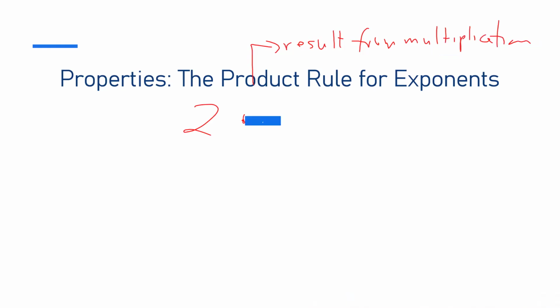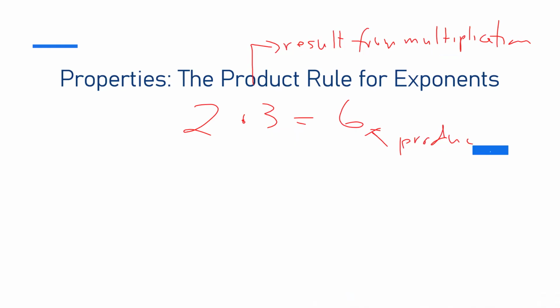Now, the word product in mathematics means that we are looking at a result. The result from multiplication. So, if I multiply two numbers, 2 times 3, the product of 2 and 3 is 6. 6 is our product.